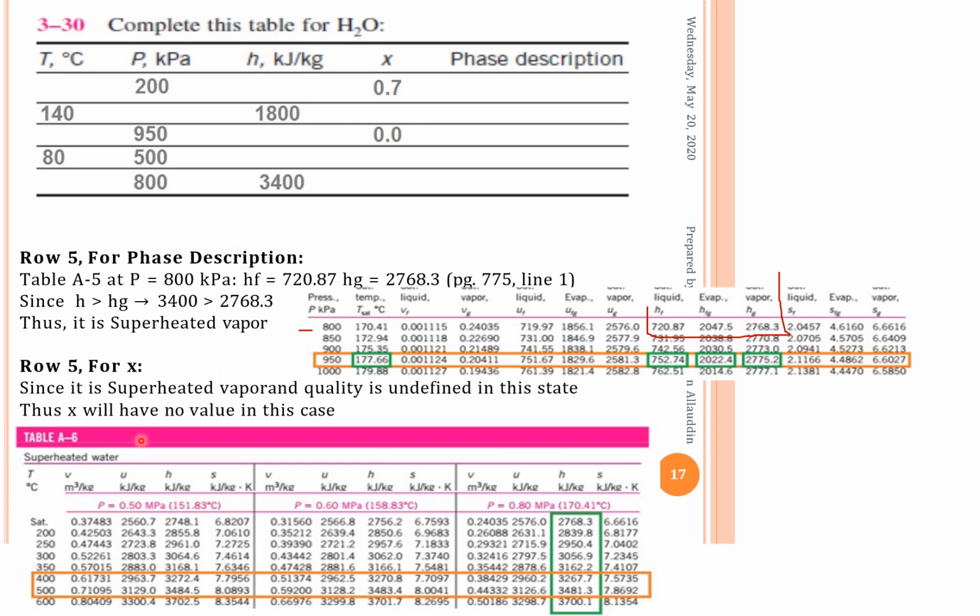And because we are finding temperature, we will look into table A6. So here at A6 we will see at 0.8 megapascal, because 0.8 megapascal is equivalent to 800 kilopascal if you convert that.